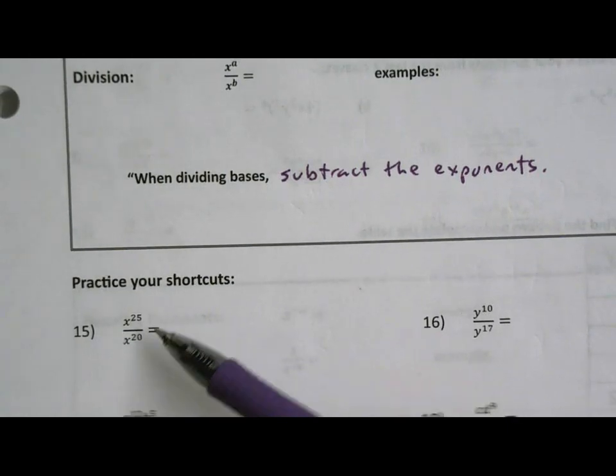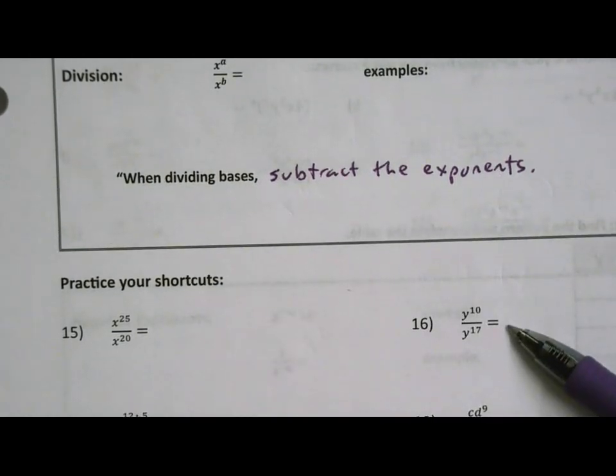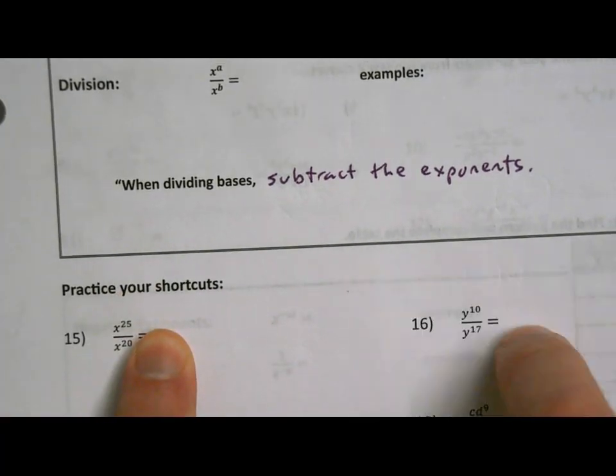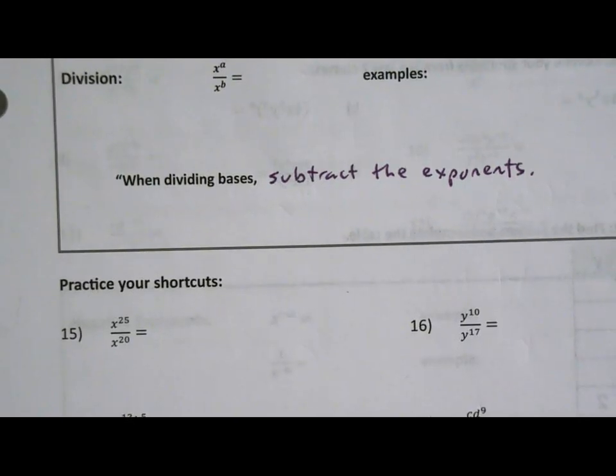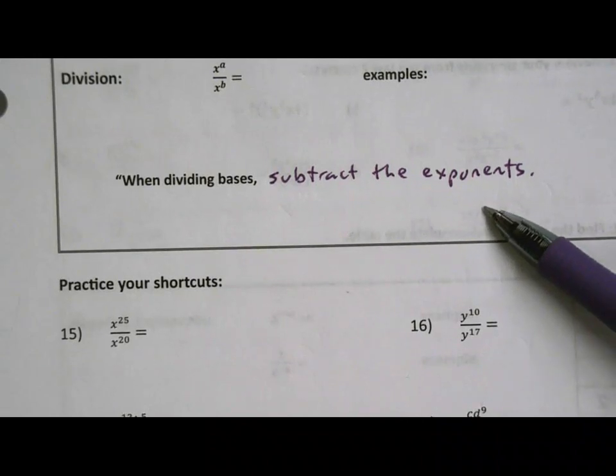25 minus 20? Okay, but what about in this one? Are my y's going to go on the top or the bottom? In the bottom. So how can you tell whether the x's or y's are going in the top, like in 15, or in the bottom, like in 16? What's the difference? Wherever the bigger number of exponent is, that's where they're going to end up. So I don't know how you want to put that in words here.